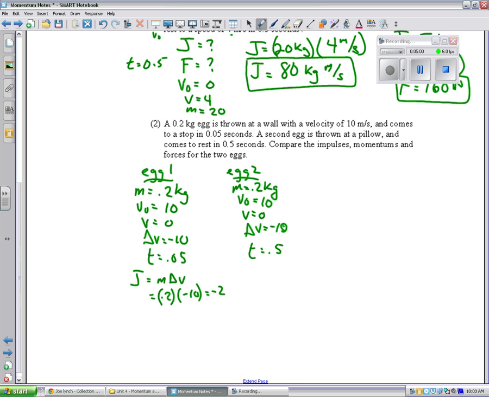It gives me minus 2 kilogram meters per second for this one. For this one, J is M delta V, it's 0.2 times minus 10, and that also gives me minus 2. So the J impulses are equal.